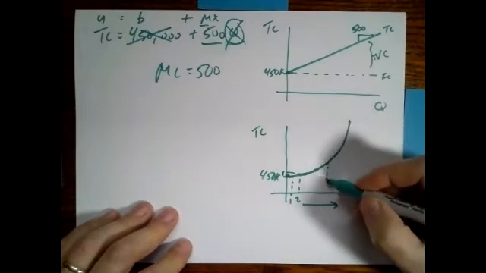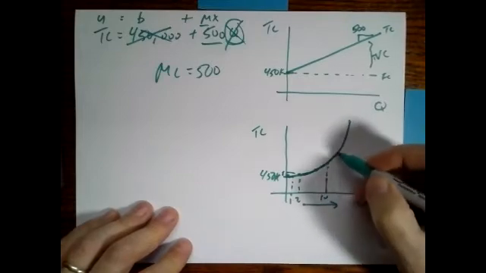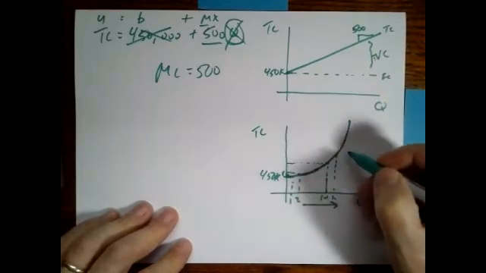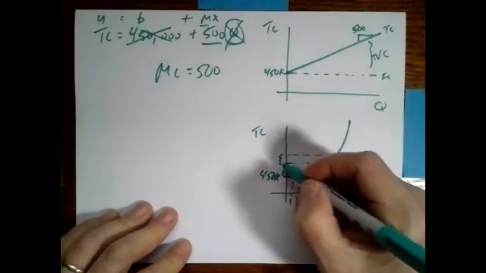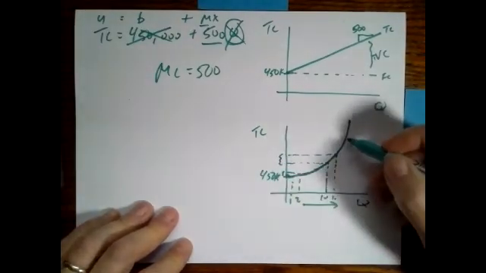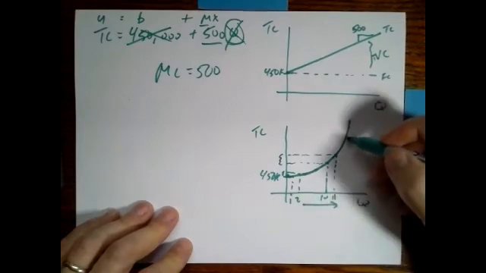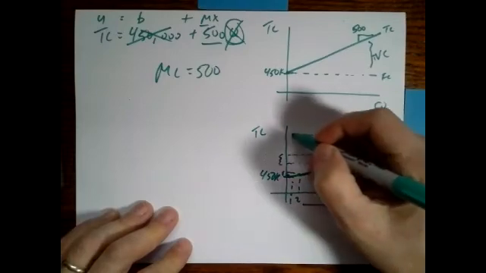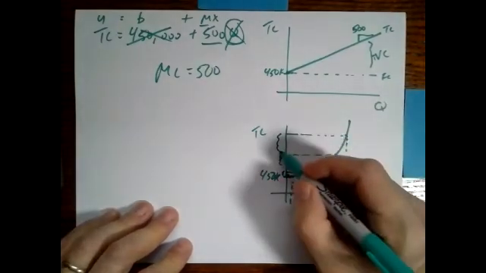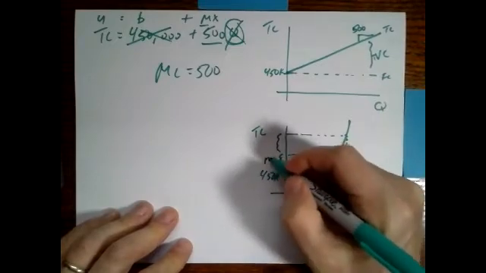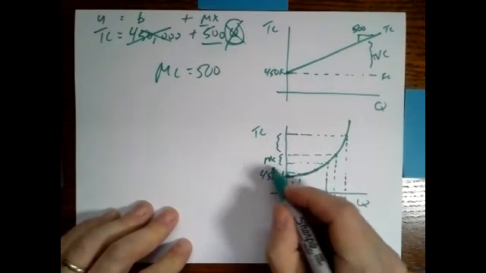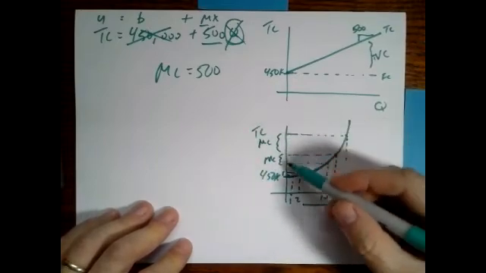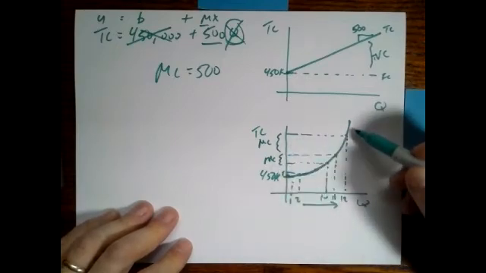And if this was, say, 10 and this was 11, I have a fairly large gap here. And let's say this is 11 and this is 12, I have an even bigger gap. So this is the marginal cost going from 10 to 11. This is the marginal cost going from 11 to 12. And you can see that that gap is getting bigger as we move along, right?